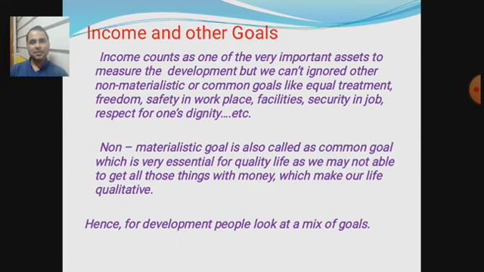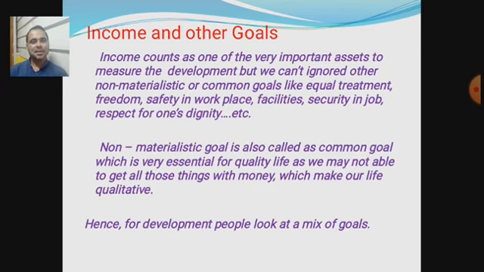You and your life without your friends, you and your life without enjoyment, you and your life without any new learning, can that be called a progressive life? Can it be called a developing or developed life? Of course not. That's why one of the most important assets to measure development is what?